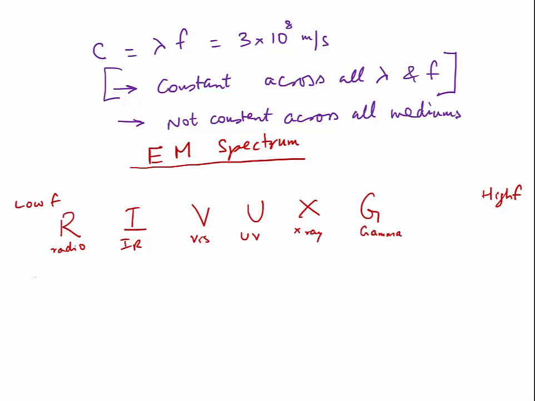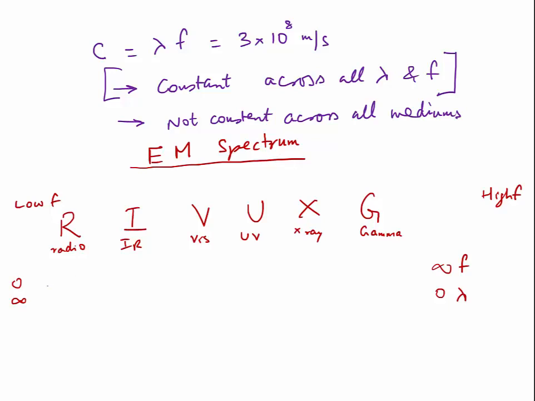And by the way, the frequency goes from close to 0 to infinity by the time we get to gamma rays. Similarly, the wavelength also ranges from 0 to infinity. 0 is the theoretical limit. We're not going to have something exactly at 0, but we could have a wavelength that is, let's say, 10 to the power of minus 10 meters or 10 to the power of minus 100 meters, as close to 0 as you want.